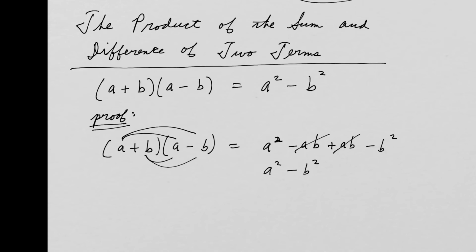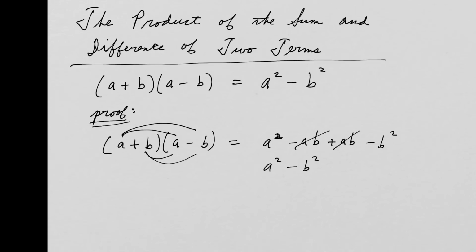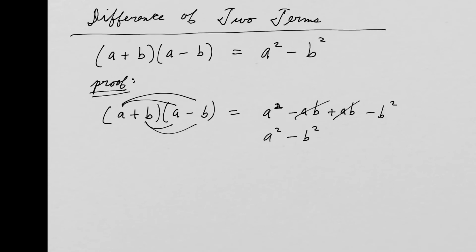Okay. So again, this one can be useful because if you recognize it, then it's just a quick way to multiply. So for example, let's say I give you r plus 8 times r minus 8. Well, yeah, that's a sum times a difference, right?